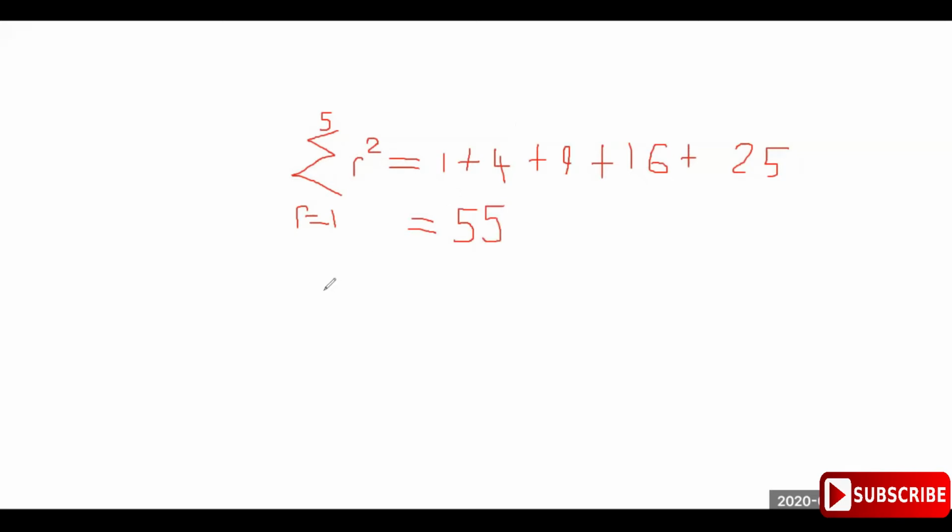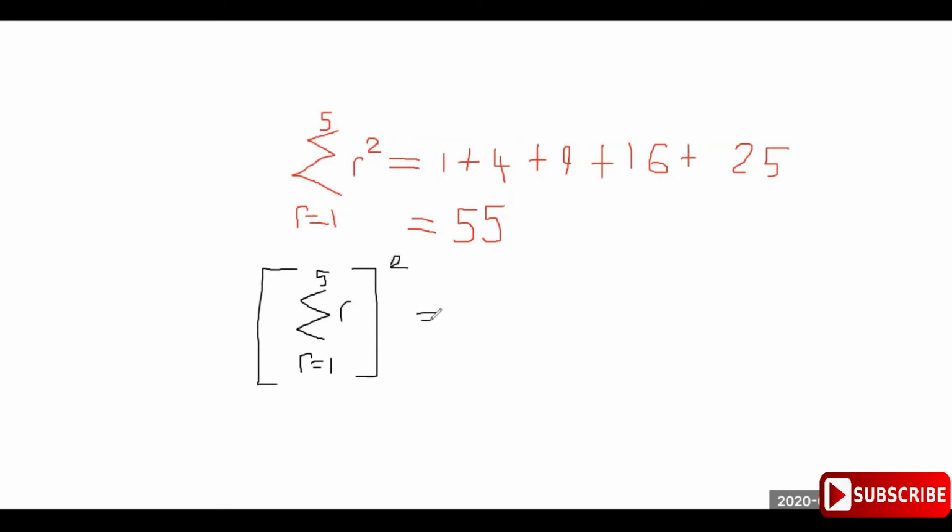Now look at this. The sum from r being equal to 1 to 5 of r, and then you square it. You have to work out the sum first and then you square the sum.